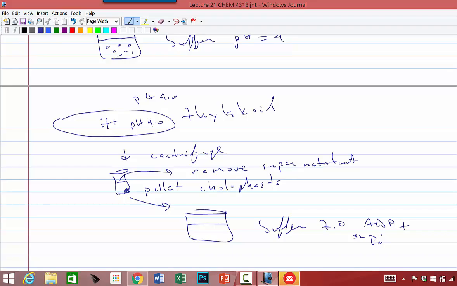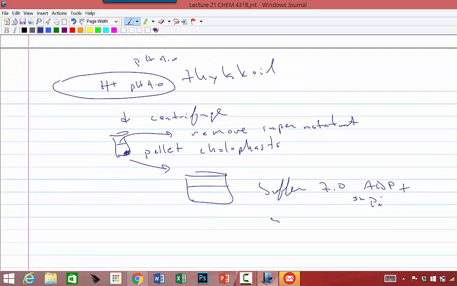Then they would wait about 15 seconds, and they would measure the ATP with P32 incorporated in it. They would measure that level. And sure enough, what they would find is that they were able to produce the ATP in the system.